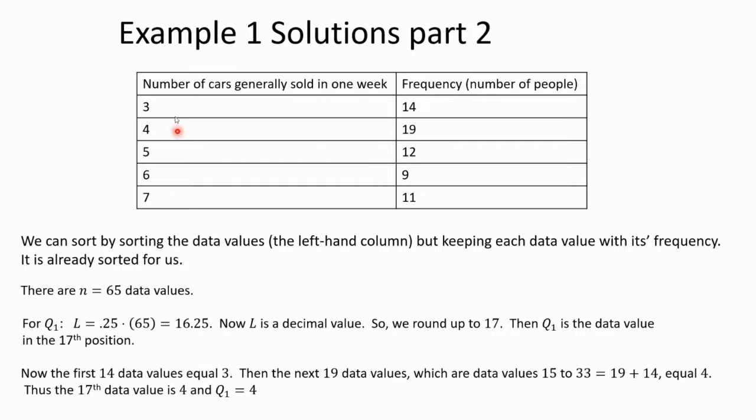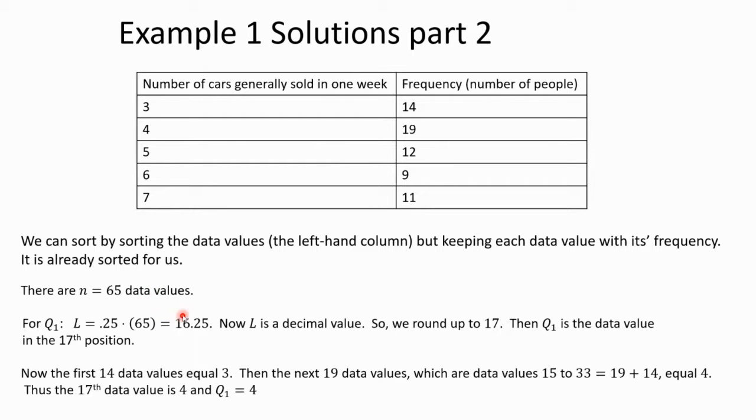Now for the other numbers, the first, second, and third quartiles. Well, there are 65 data values, which is the sum of the frequencies. Now, for L, we have L is 0.25 times 65. Again, that's how we calculate the first quartile. And so we get 16.25.